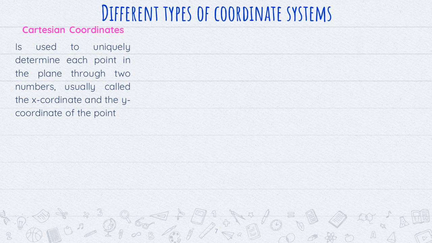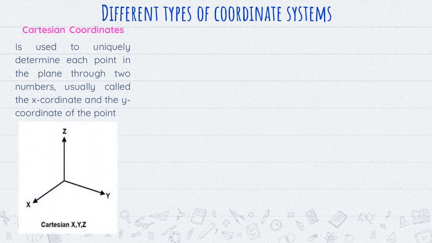Cartesian coordinates are used to uniquely determine each point in the plane through two numbers, usually the x coordinate and y coordinate. So, this is the structure of a Cartesian coordinate system. In the Cartesian coordinate system, the coordinates are x, y, and z.